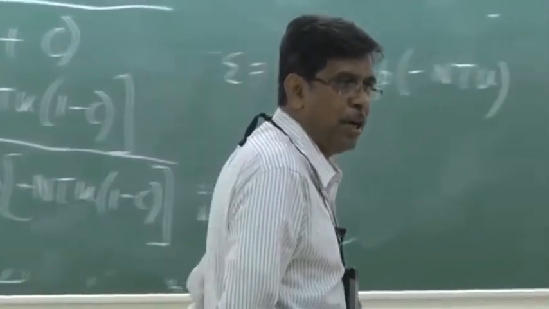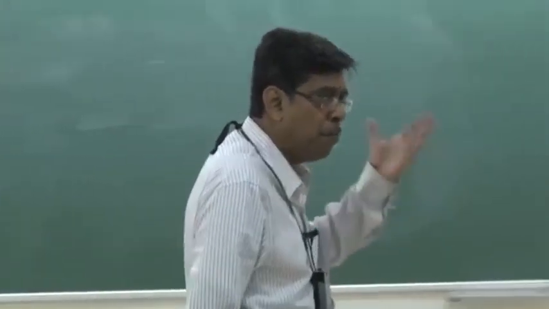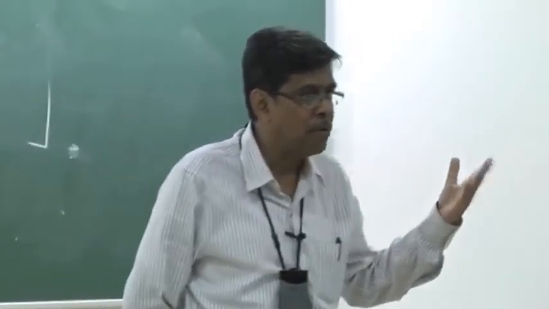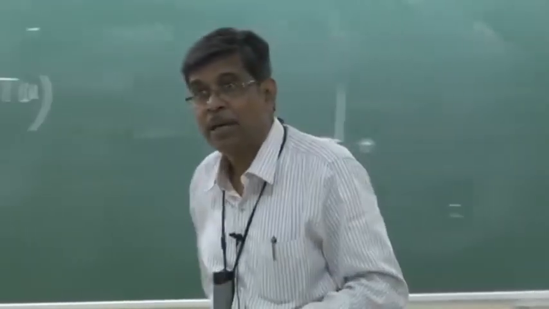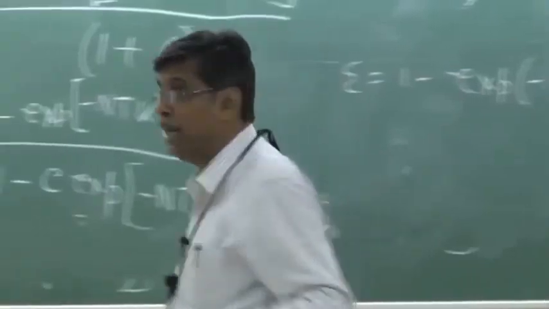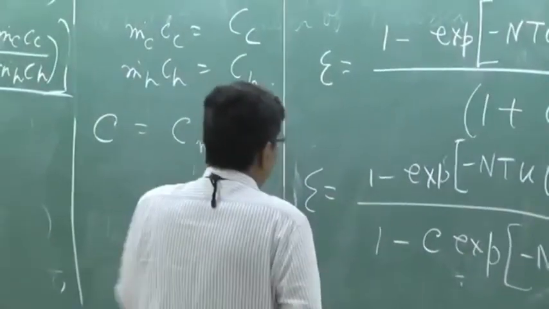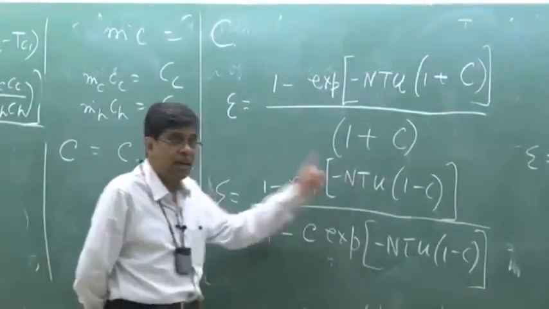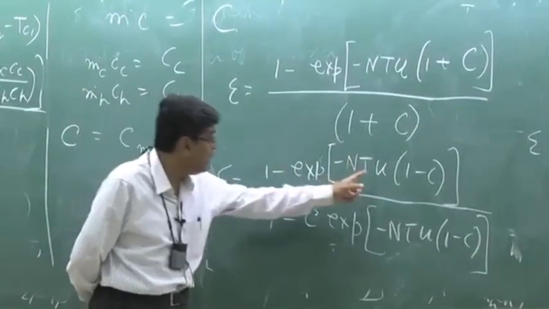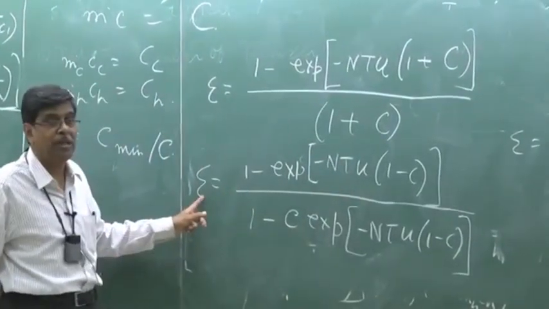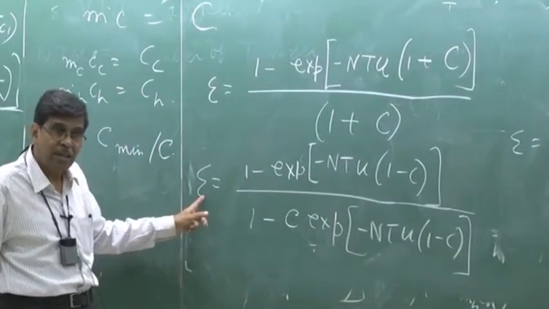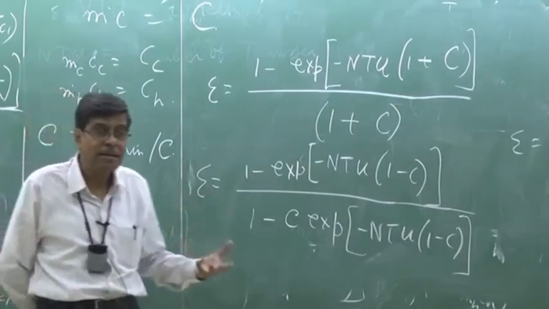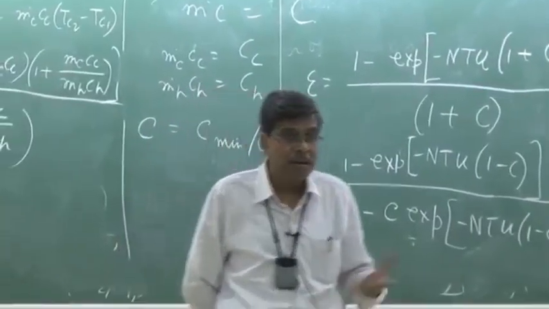To find out effectiveness, temperatures are found quickly. But where the temperatures are given and sizing is to be made, LMTD is useful, because from here, knowing epsilon, NTU as a function of epsilon will be a little difficult. You understand? This may require tedious calculations or iterations.